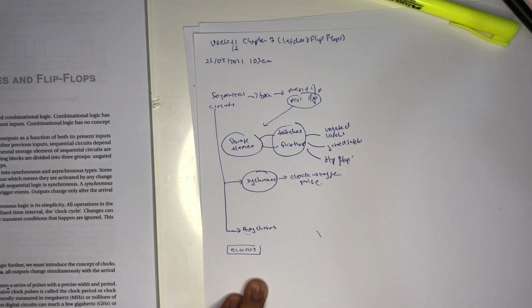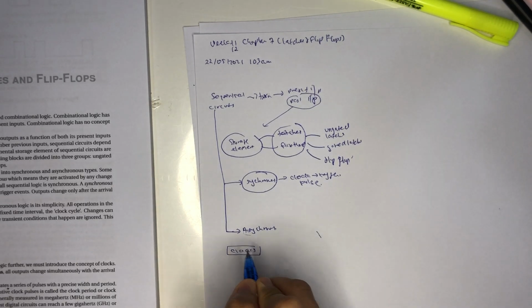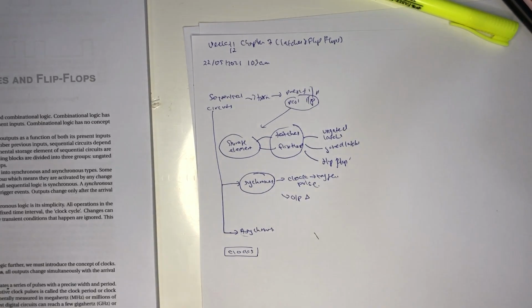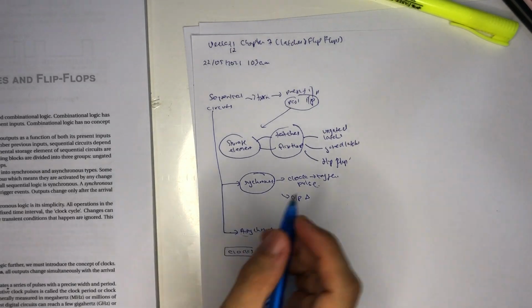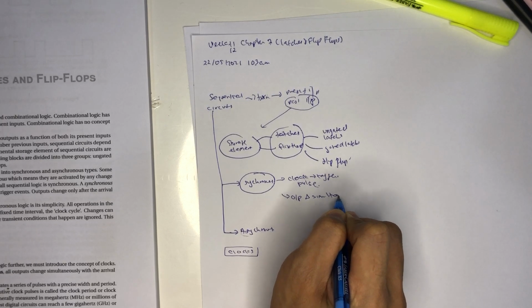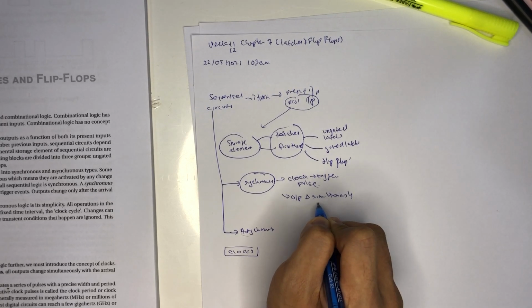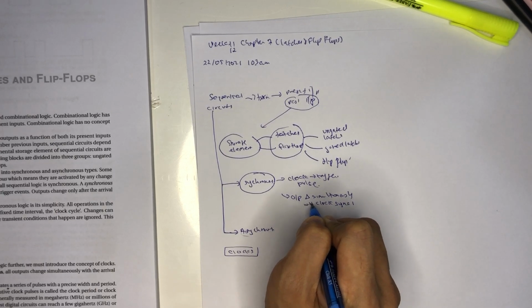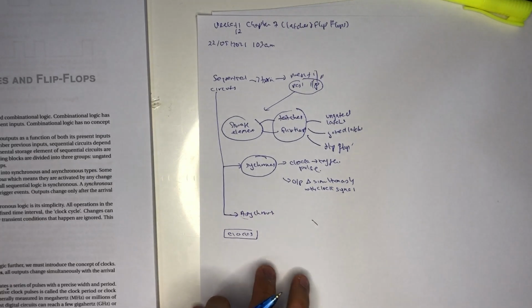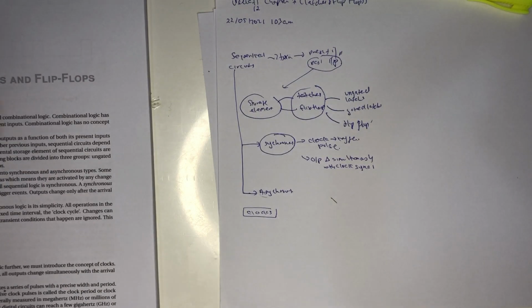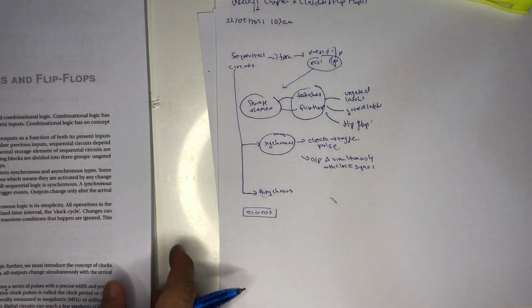In a synchronous digital system, all outputs change simultaneously with the arrival of the clock signal. A clock is a circuit that generates a series of pulses. Clock speed is generally measured in megahertz, or millions of pulses per second.